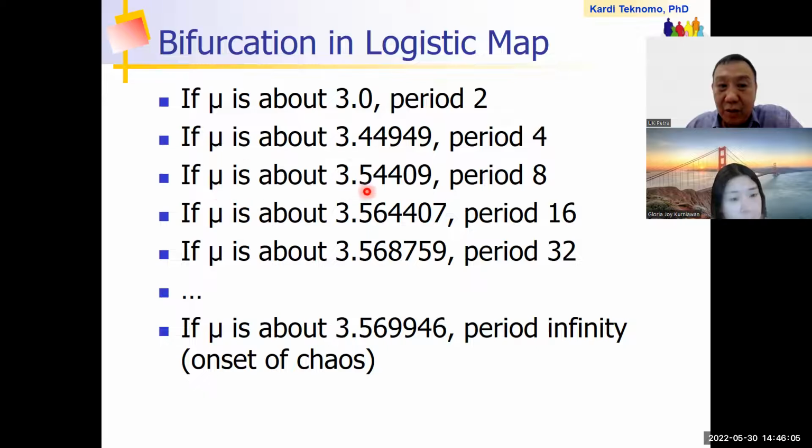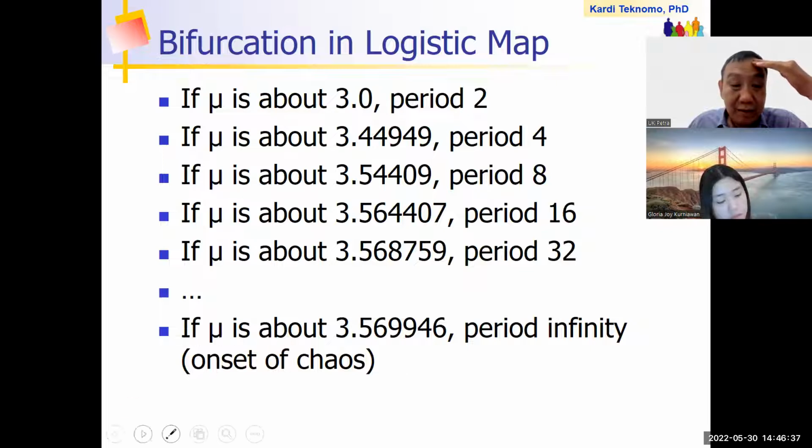And when mu is about 3.5, the period becomes 8. When mu is about 3.5 something something very long like this, the period suddenly becomes 16. So this is the bifurcation parameter, right? And if you have mu as 3.56999, suddenly the period becomes infinity. So this is the edge of chaos, right?